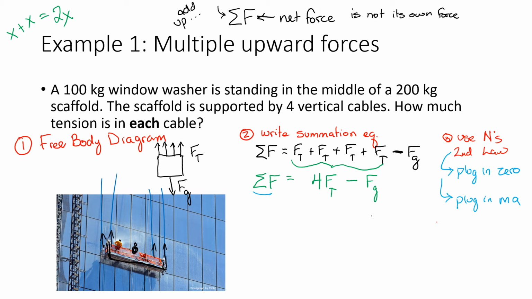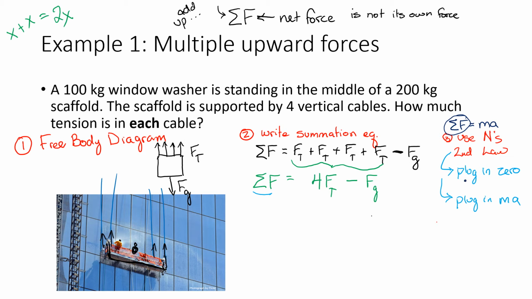So Newton's second law tells us the relationship between the net force and the object's mass and its acceleration. So we're either going to plug in 0 for the net force, or we're going to plug in mass times acceleration, since mass times acceleration equals the net force.